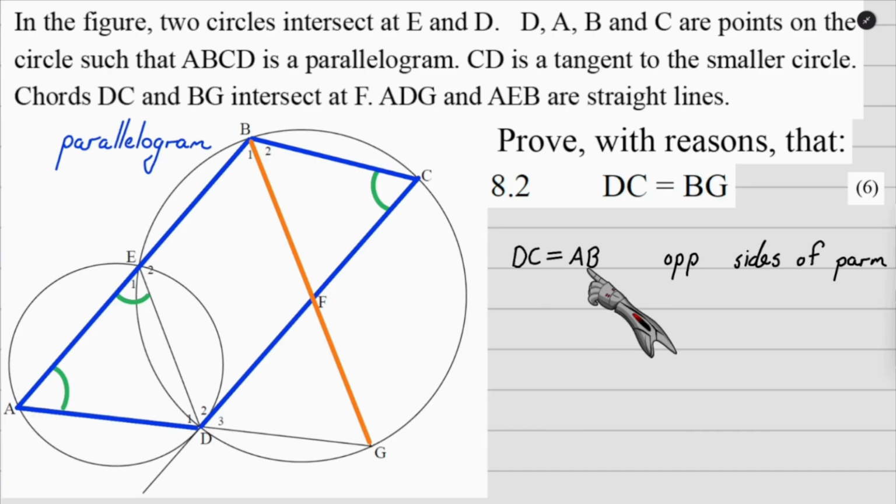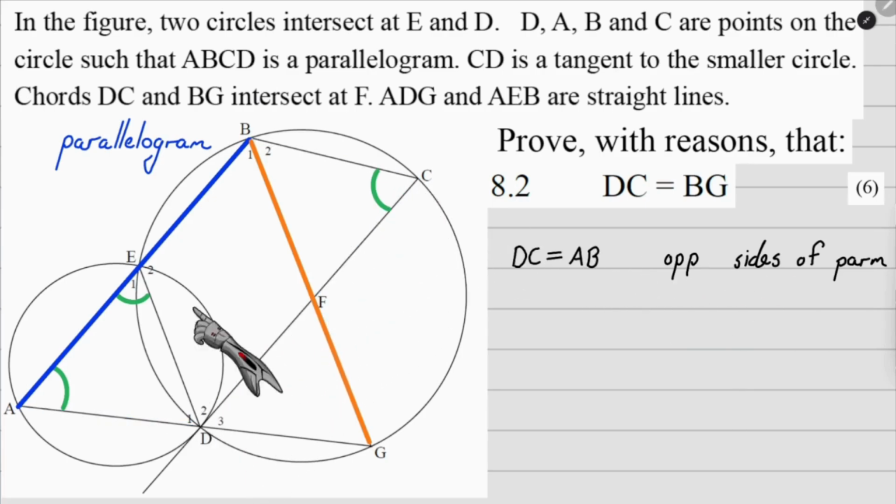And we're going to write that up just like this. DC is equal to AB, opposites of parallelogram. So now, if this length is the same as that length, I just need to prove that this line is equal to that line, and then by default this line will be equal to that line, because they'll all have the same length.